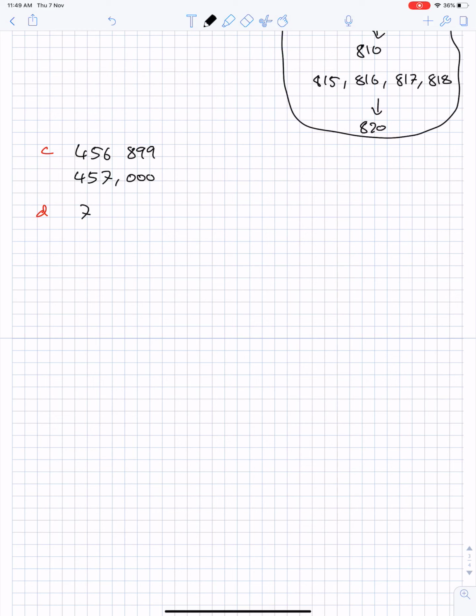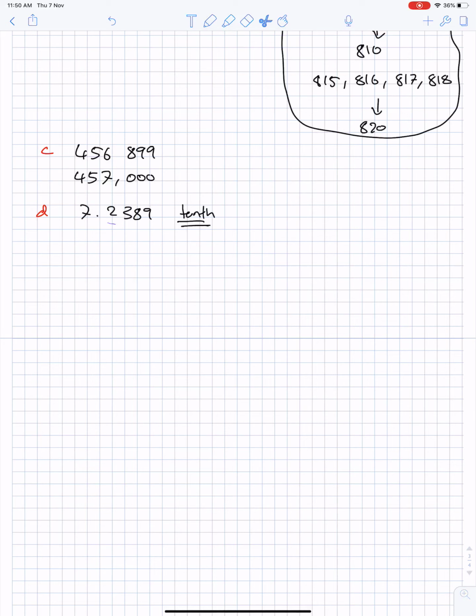Round 7.2389 to the nearest tenth. So remember, they've used tenth here. So you've got your tenth here, you got your hundredth, thousandth, ten thousandth.